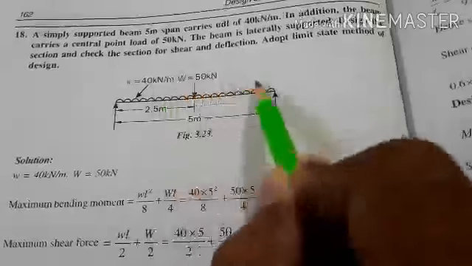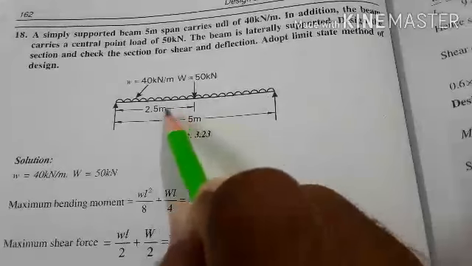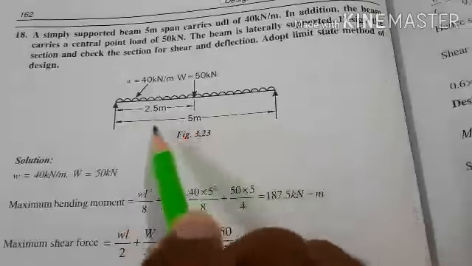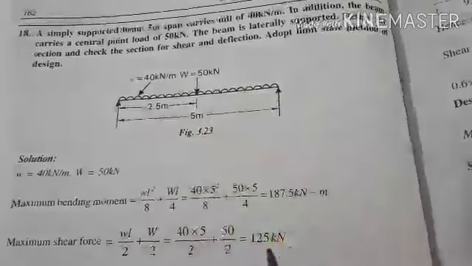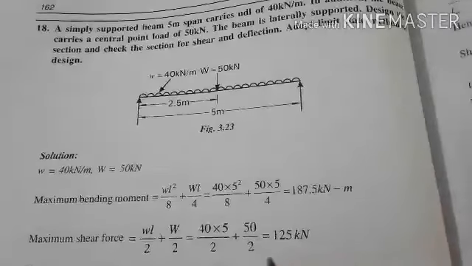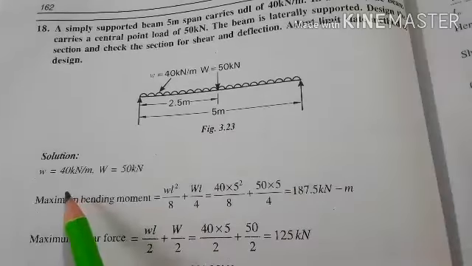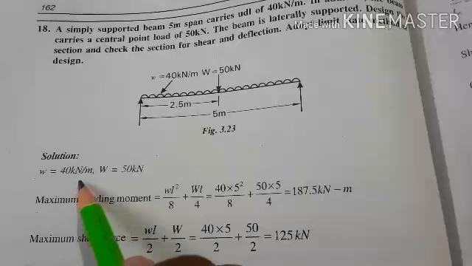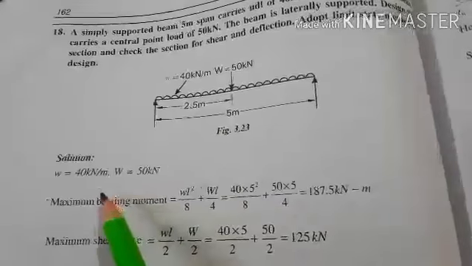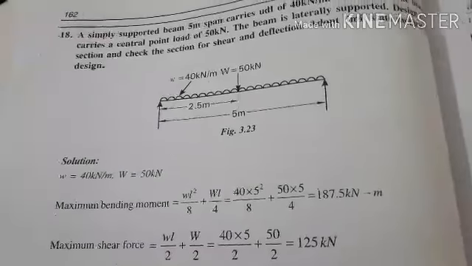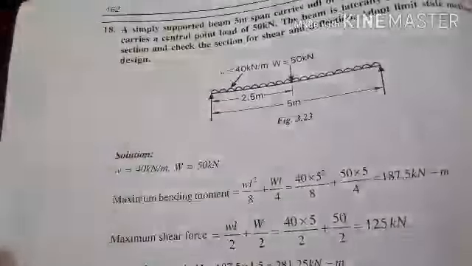Okay, so this is the loading pattern for the beam, and it is simply supported, and the span is given as 5 meter. Here small w is for the UDL, 40 kN per meter, and capital W, that is the point load, is given as 50 kN.